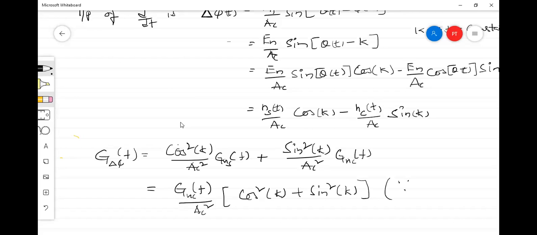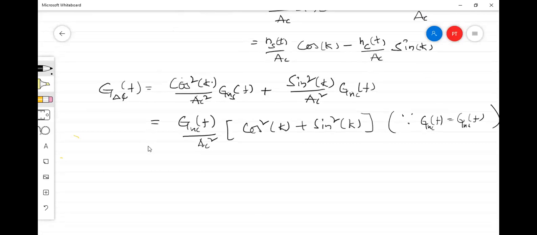Because GNC of f equals GNS of f: the power spectral density of the in-phase component and of the quadrature component of the input noise are equal. That's why I'm taking it as common. Time is running out. We also know that cos square a plus sine square a equals 1, so I can write this as GNC of f by AC square.